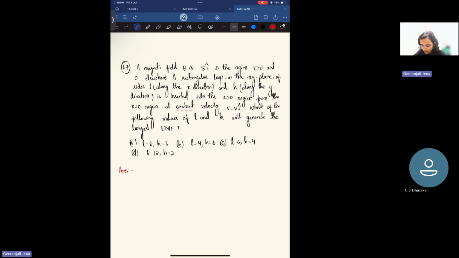It is inserted into the x greater than 0 region from the x less than 0 region at constant velocity v x-hat. Which of the following values of L and H will generate the largest EMF? Let us draw the diagram first.